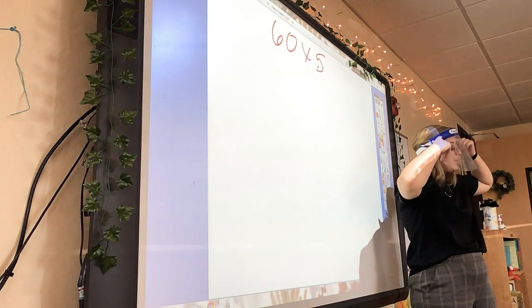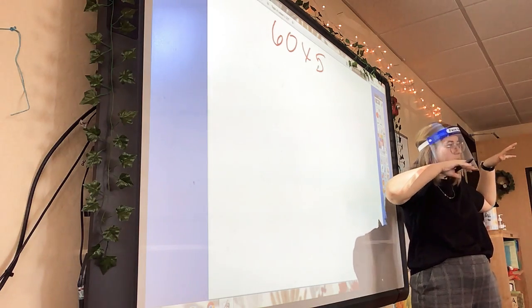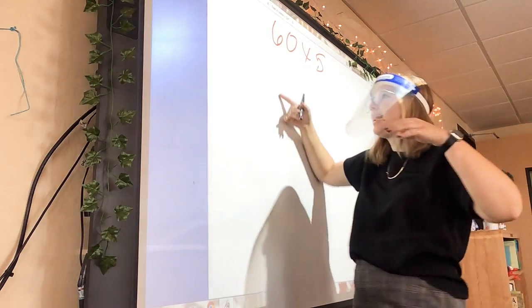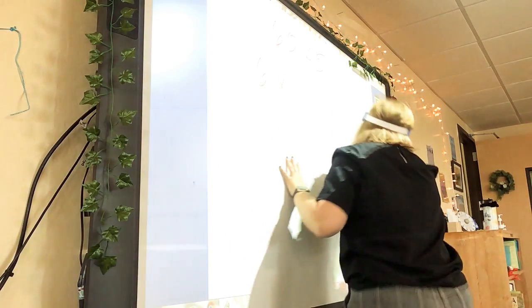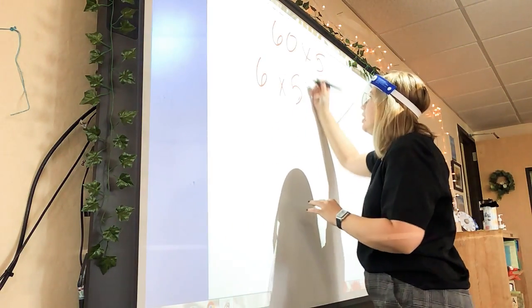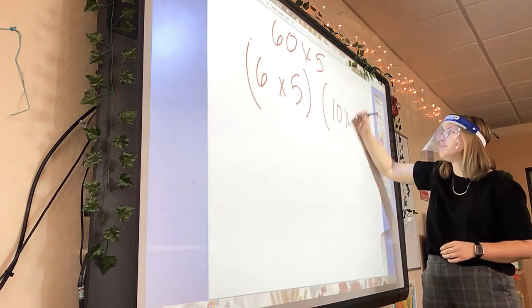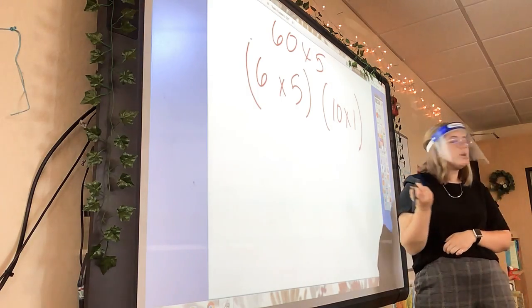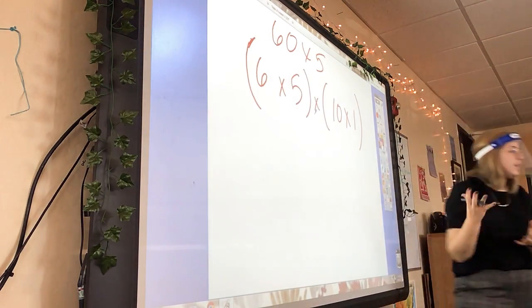Remember, in our heads, we can pull it into the units, so it's really 6 10s times 5 1s, right? If we were to write that in standard form, it would be 5 on one side, and then 10s times 1s. So now we're doing it with standard form, okay?